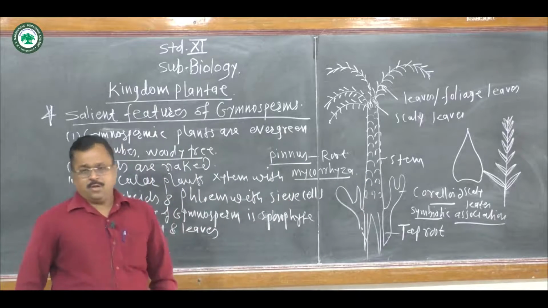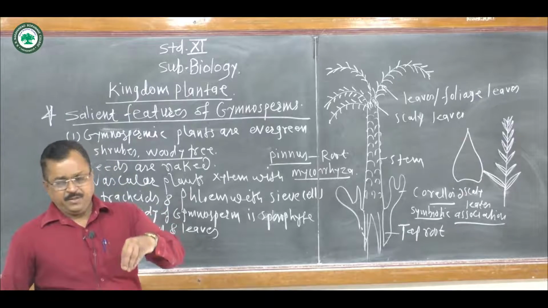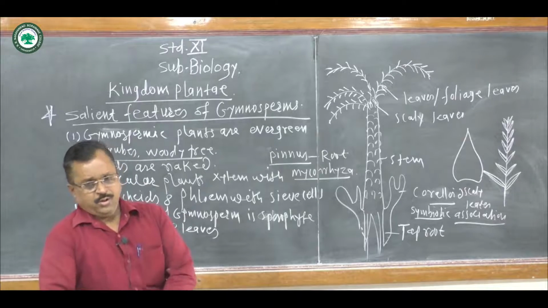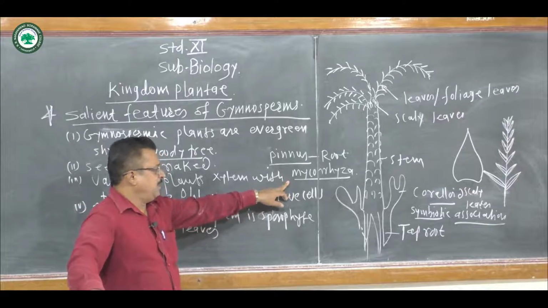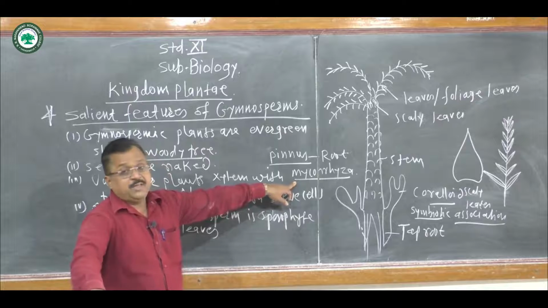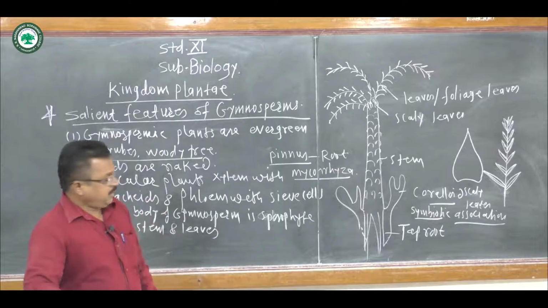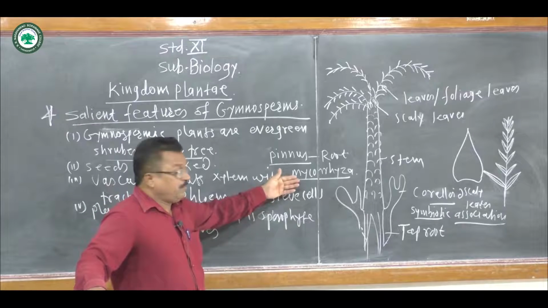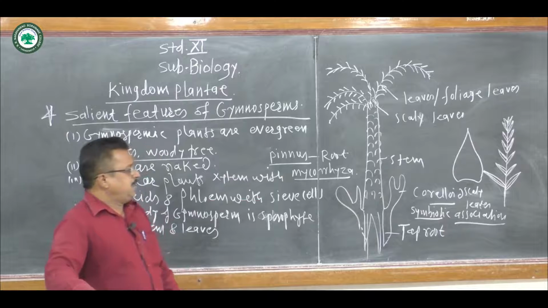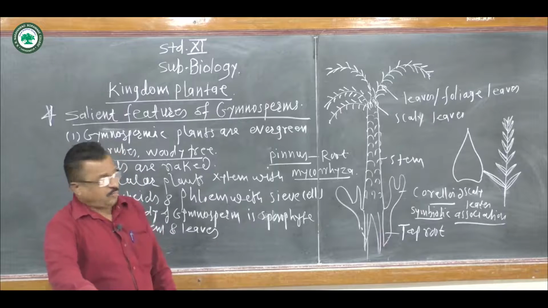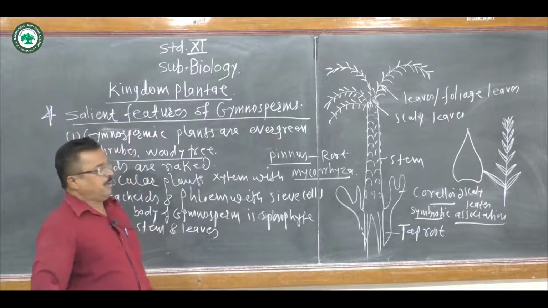The fungus grows on the tap roots and inside the cells of the root. It is also a symbiotic association, just like the coralloid root of Cycas with blue-green algae.